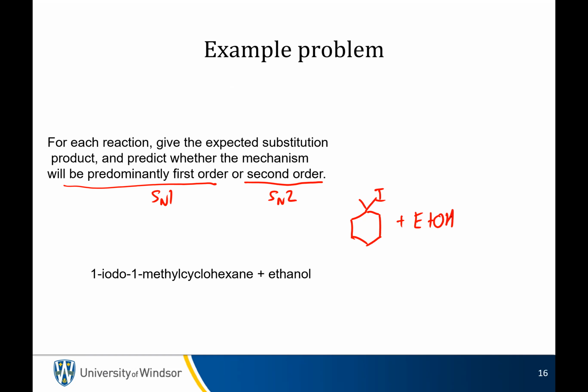So I'm looking around to do a substitution, and the only thing I've got that can do any kind of substitution is the oxygen. It's the only thing with lone pairs. So I expect that the reaction is going to give me that, plus formally HI, although probably H plus and I minus.